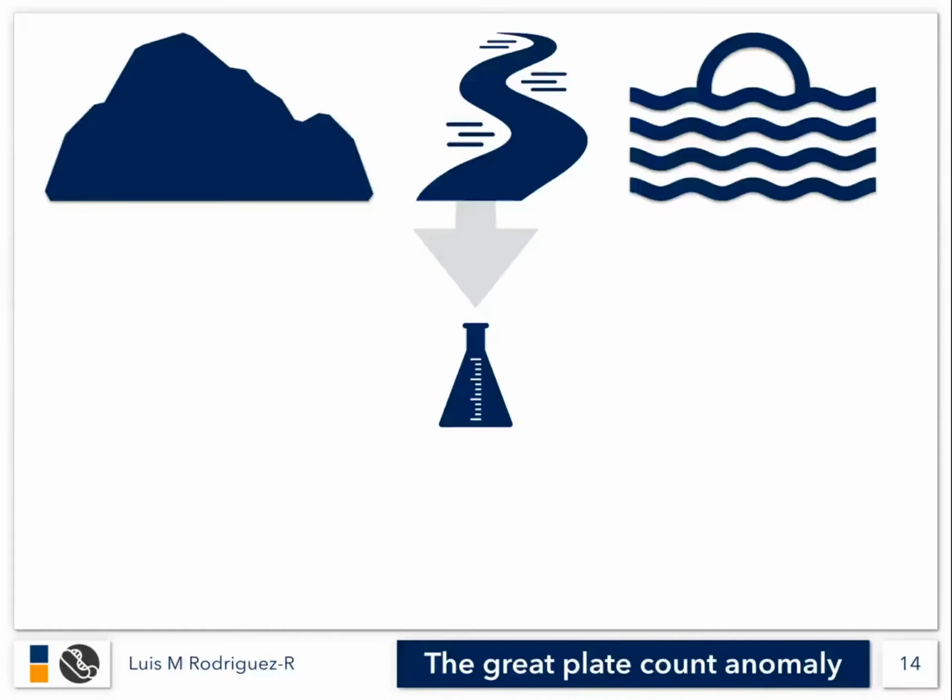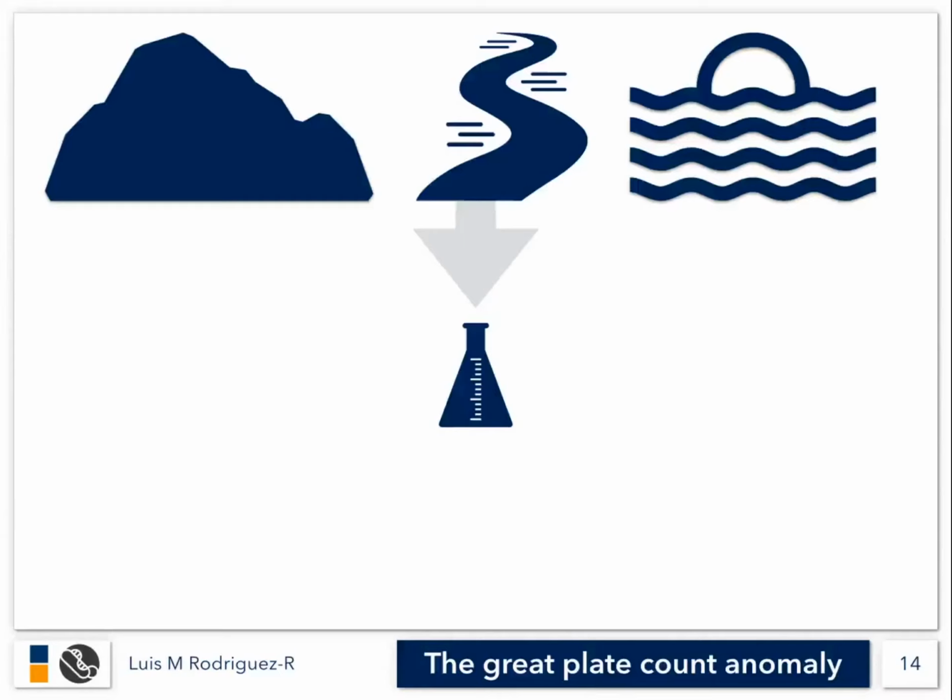And the way it generally looks is we go to an environment, be it land, sea, or air. And yes, we do microbiology of the air. There are known communities in the clouds, for example.